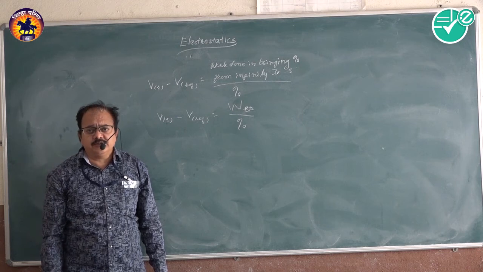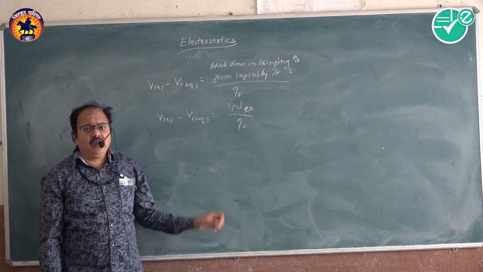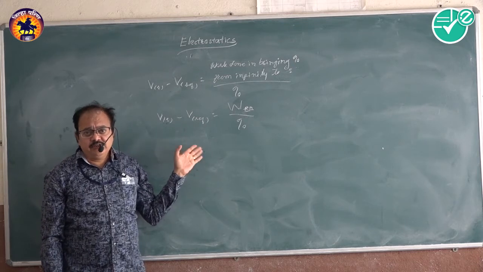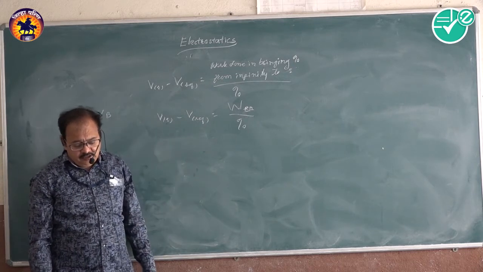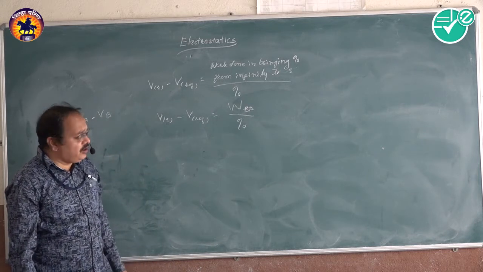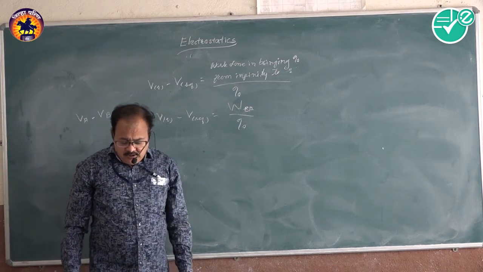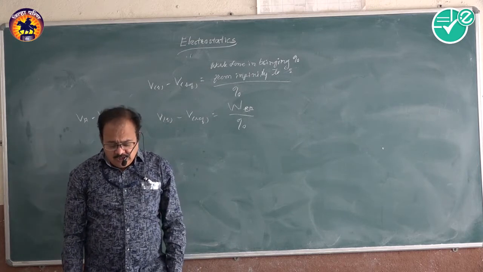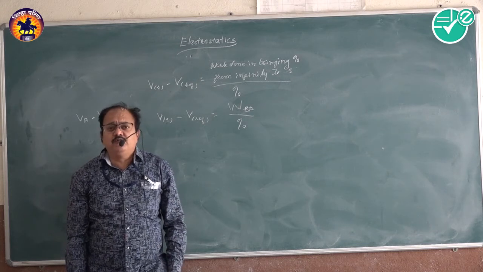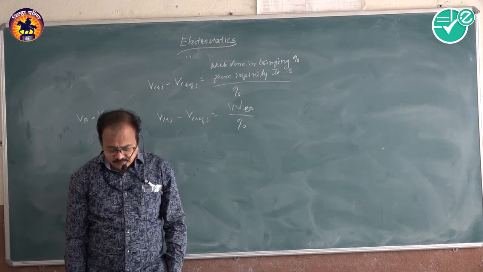We are defining the electric potential at a point in the electric field. It is defined as the amount of work done to bring the unit positive charge from infinity to that point against the direction of the electric field intensity.